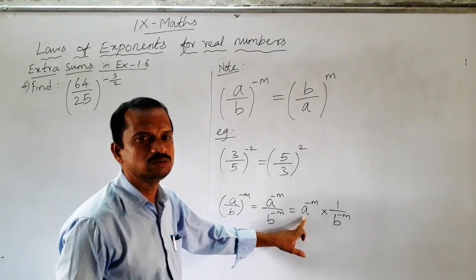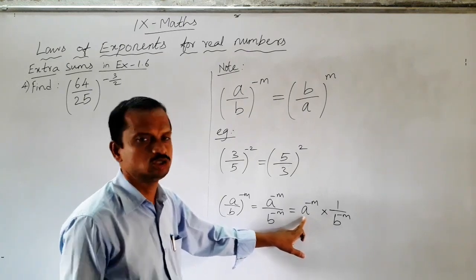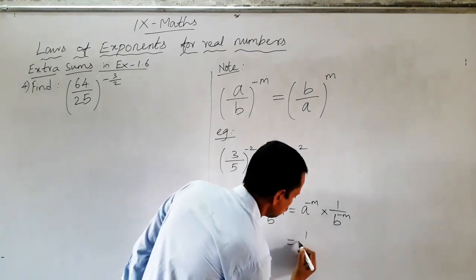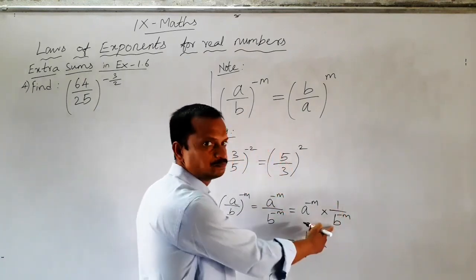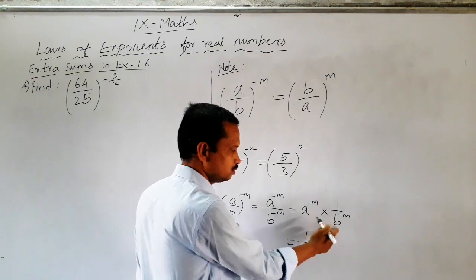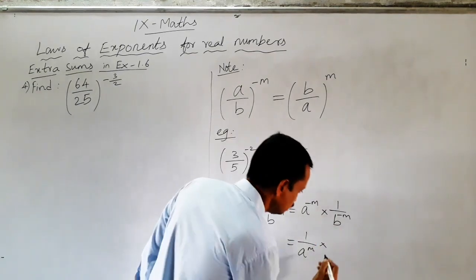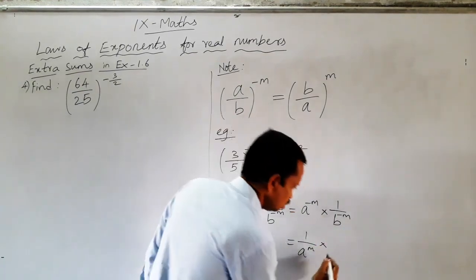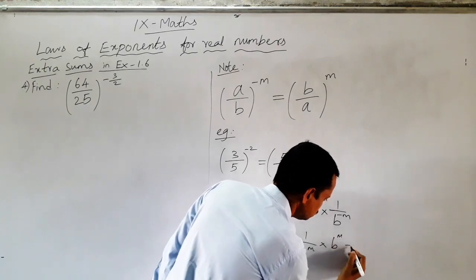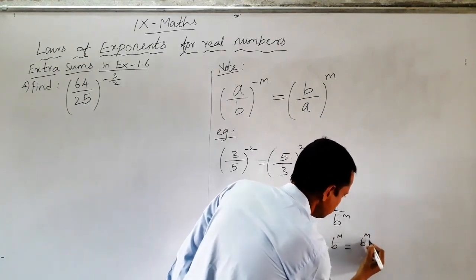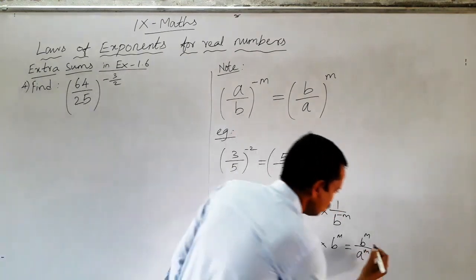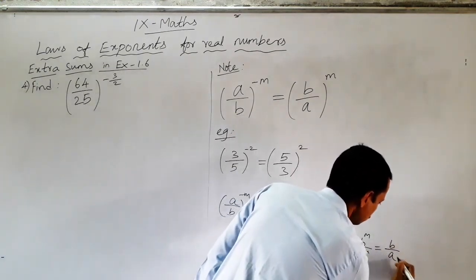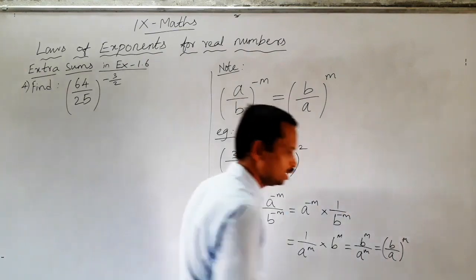If you want to convert a power minus m into a positive exponent, we can take it as 1 by a power m into, and this also you see, the denominator is in negative exponent. So if you take the reciprocal, you will get b power m, which is nothing but b power m by a power m. So in common we can write b by a whole power m.